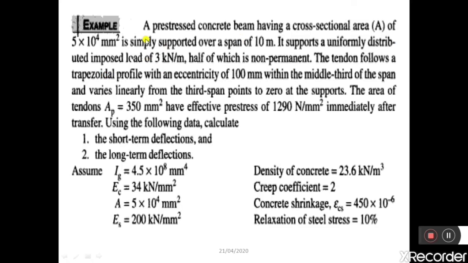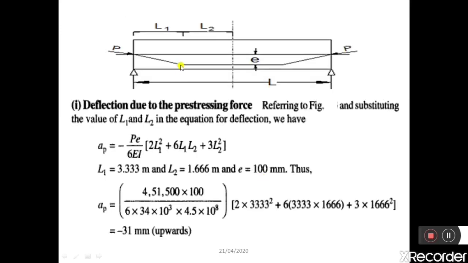In the question it is given that the trapezoidal profile has an eccentricity of 100 mm within the middle third of the span and varies linearly from the third span point to 0. That means the distance from the end is L by 3, one third of the span.